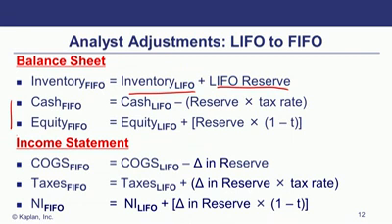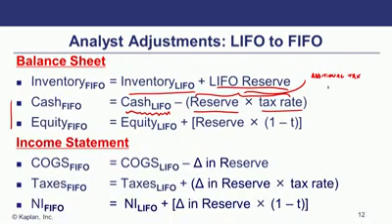So we're going to take cash under LIFO, we're then going to take the LIFO reserve times the firm's tax rate. And this, if you like, this component element here would be the additional tax paid. And I think that's conceptually the trickiest area of this adjustment. I think the balance sheet adjustments are harder than the income statement adjustments, specifically because of this point.